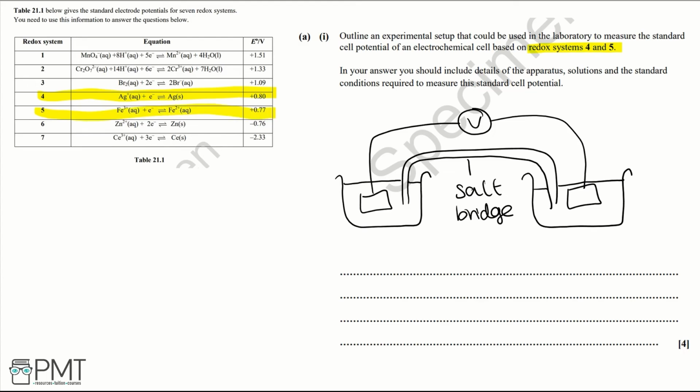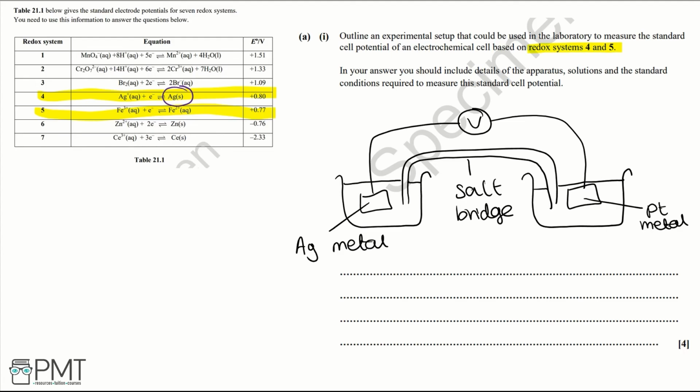In redox system 4, we're using a silver solid, so that's going to be what our electrode is made of. We're going to have silver metal, and then in our redox system 5, we don't have a solid produced or reacting. So our electrode is going to be made of platinum metal.